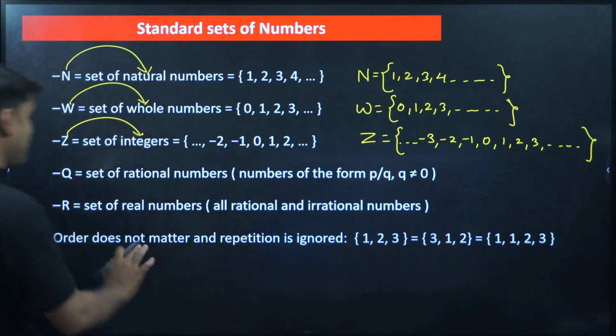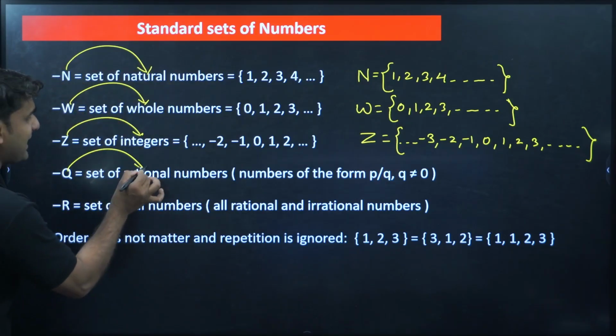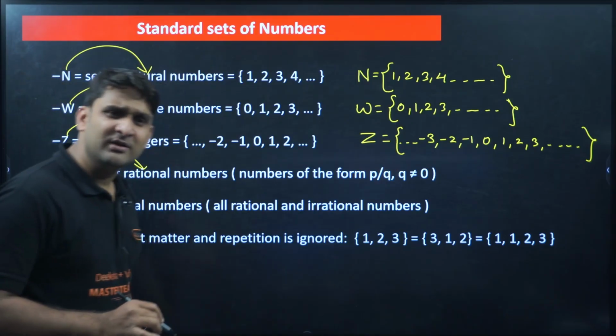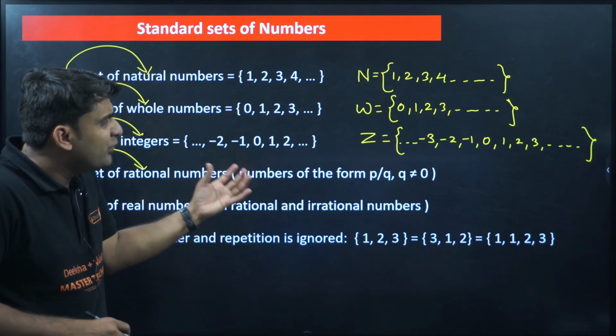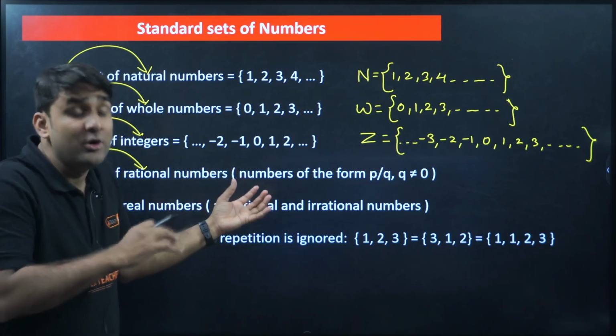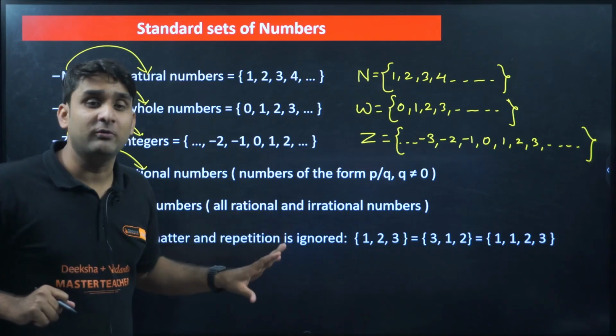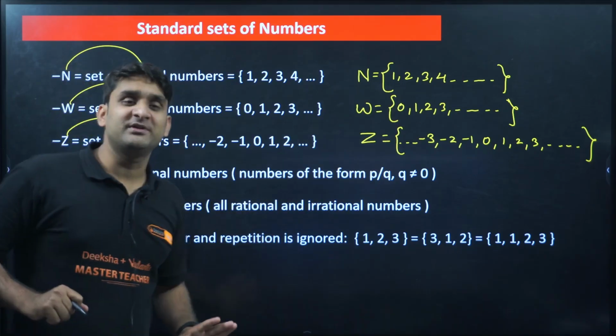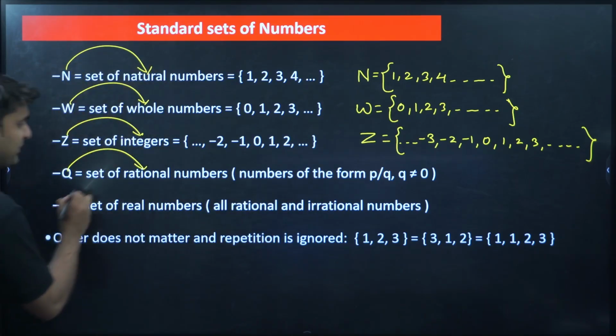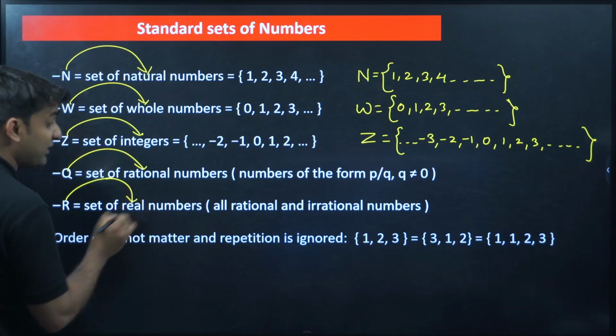Okay, now Q represents the rational numbers. Do you know rational numbers? Rational numbers are the numbers written in fraction form, where the denominator should not be equal to 0, right? Where q should not be equal to 0. So Q represents the rational numbers. R represents the real numbers, champion. Real numbers means what?